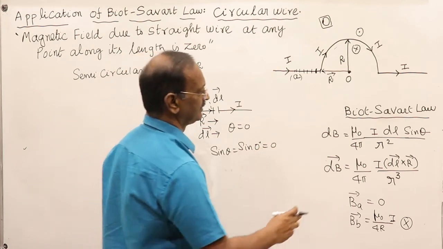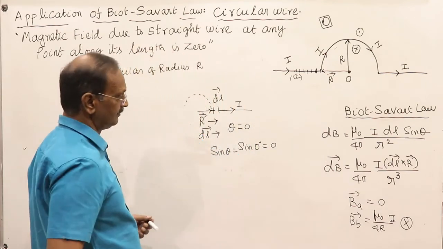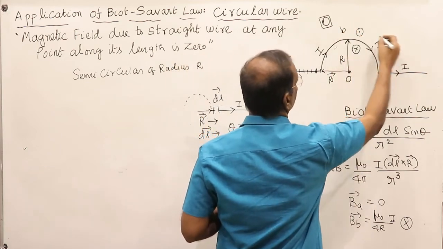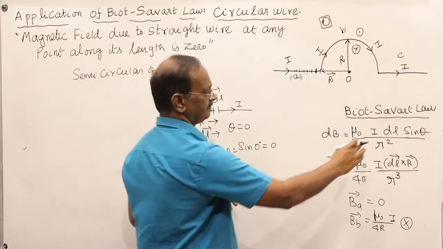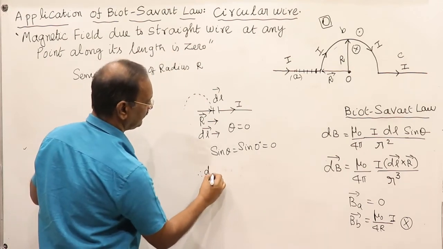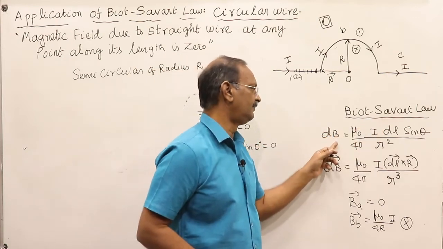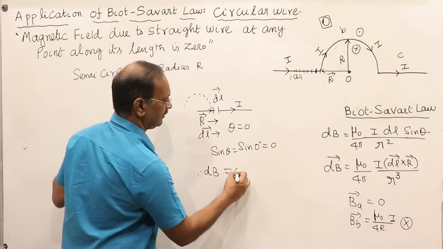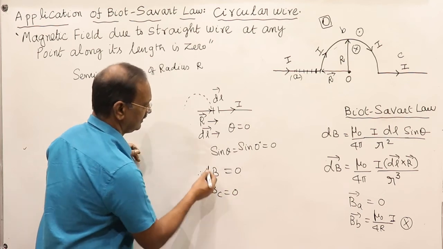We are seeing this for the third portion, portion C. Portion B we have already done. Once sine theta becomes 0, dB will become 0. Therefore, the magnetic field produced due to the current element dl is 0, and B due to portion C is also 0 on integrating.